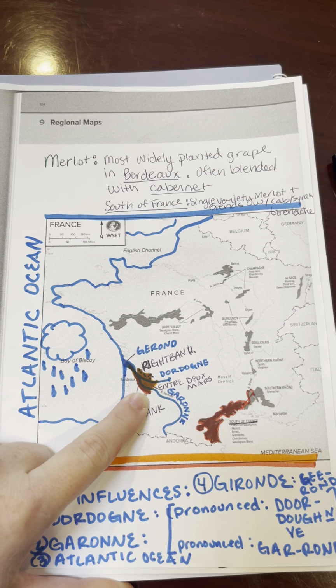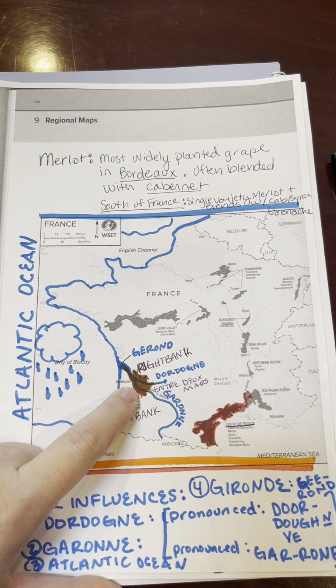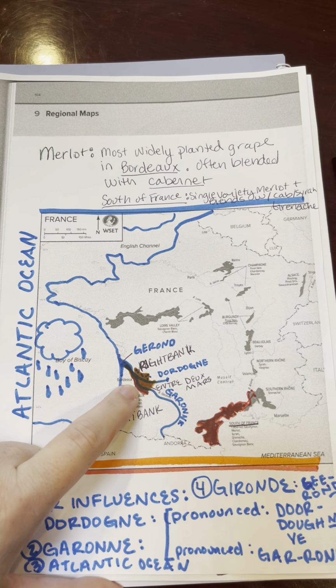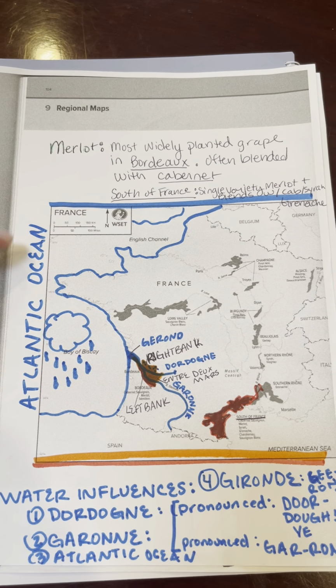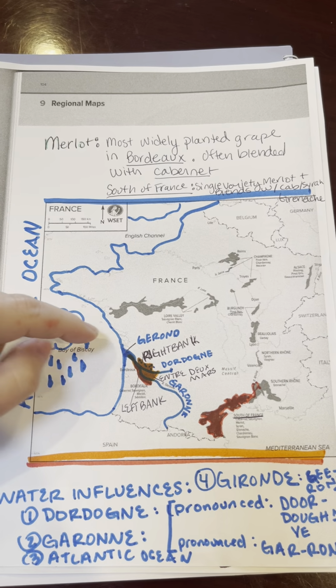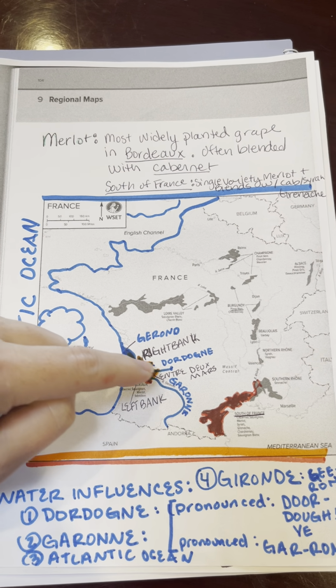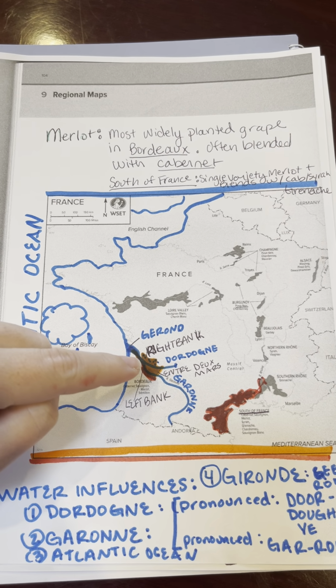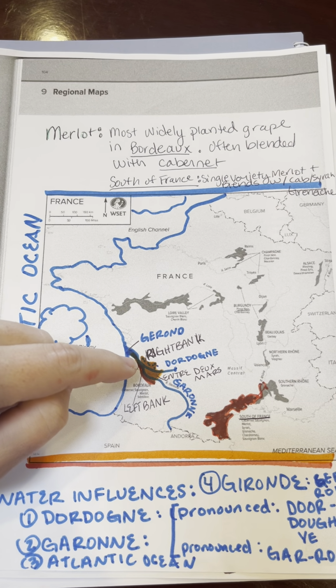So there are a lot of water influences to this region. We've got the Atlantic Ocean over here, which creates a lot of water and rain in the Bordeaux region. We've also got these rivers.